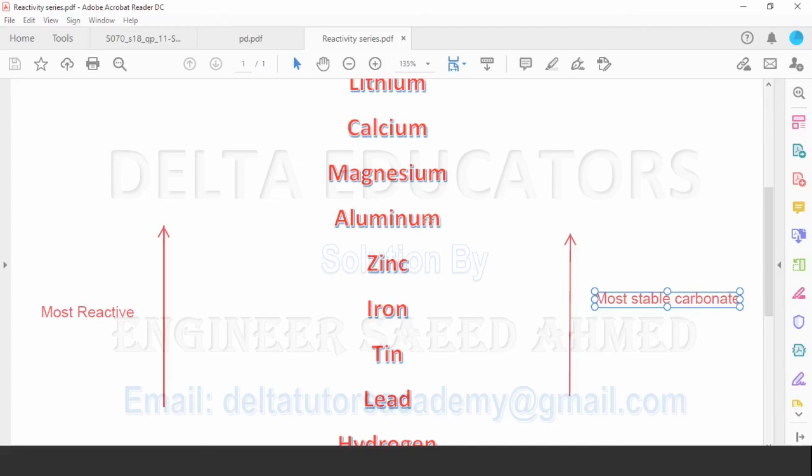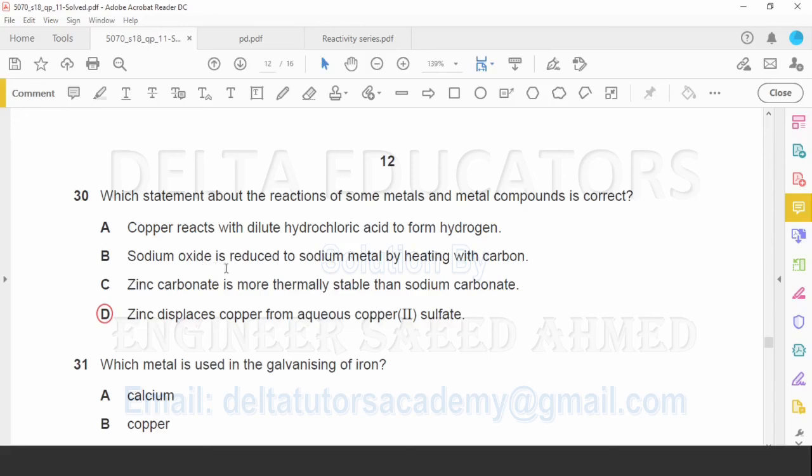If we move above aluminum, we should go for electrolysis, not heating with carbon. So here it is given sodium oxide is reduced to sodium metal by heating with carbon, so it is incorrect. We have to go for electrolysis to get sodium metal.